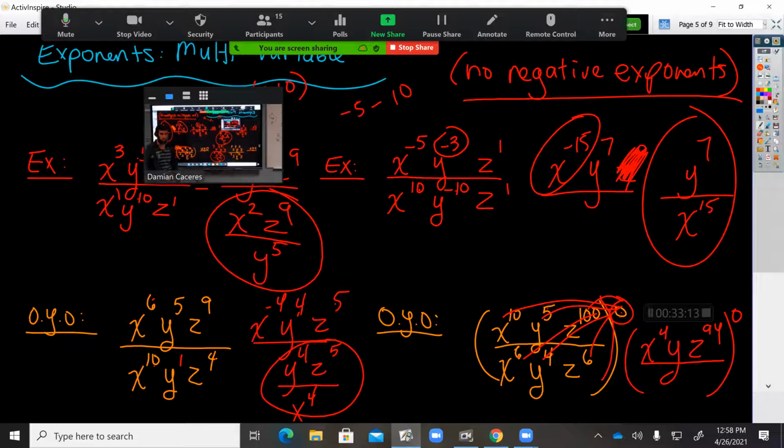What's my answer going to be? If every exponent turns into 0, because 0 times anything is 0, what's my answer going to be? 1. Anything with a 0 exponent equals 1. So they all turn into a 1. 1 times 1 times 1 is 1. You with me? So from the beginning, you don't need to subtract anything. Just look at the 0 and say, oh, my answer is 1.